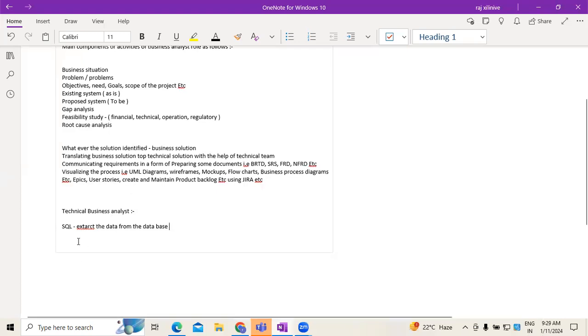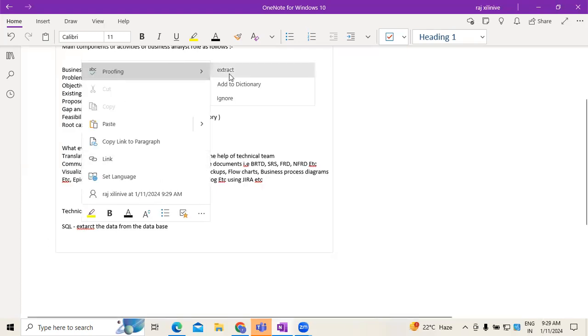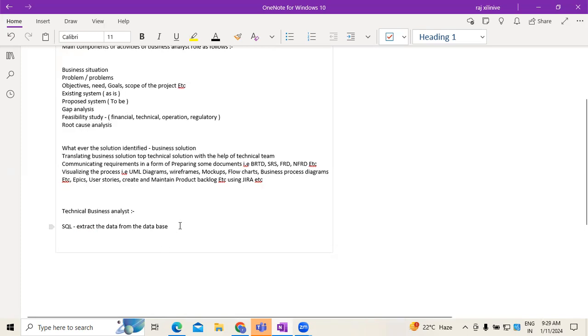So for this, it's always important to write queries. This is where generally SQL comes into the picture. This is something we must be good with.